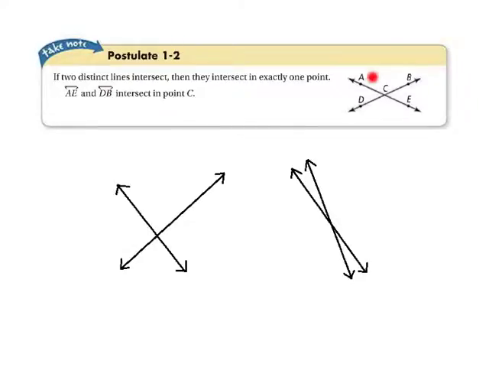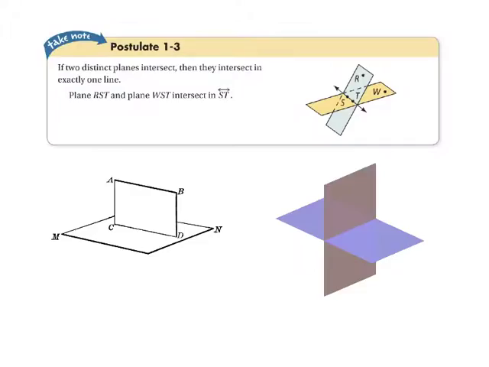So here, line AE and line DB intersect at point C. Postulate 1-3 states that if 2 distinct planes intersect, then they intersect in exactly 1 line. So here, plane RST and plane WST intersect here at line ST.